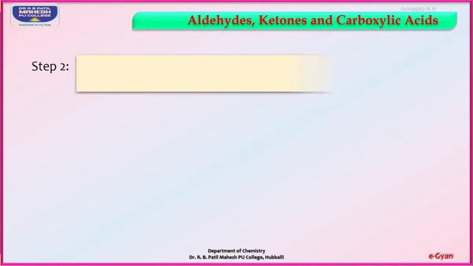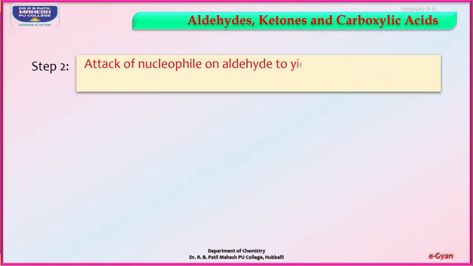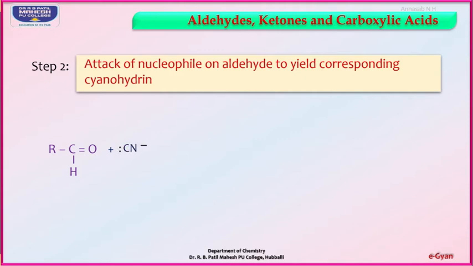Step 2 is attack of nucleophile on aldehyde to yield the corresponding cyanohydrin. We take aldehyde R C double bond OH that reacts with nucleophile CN minus. CN minus attacks the carbonyl carbon.